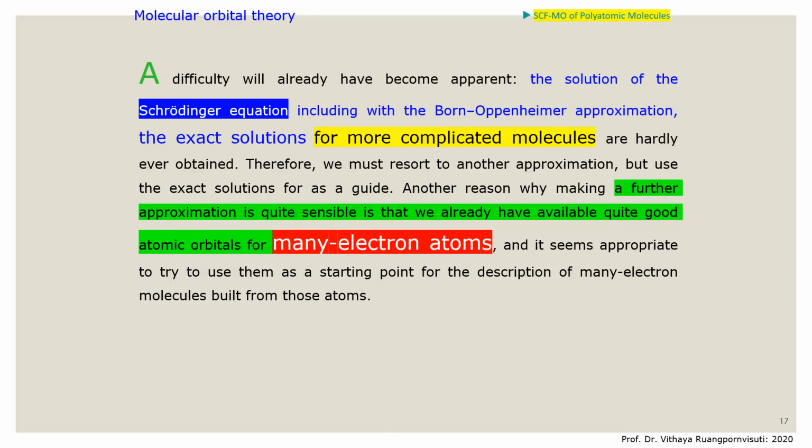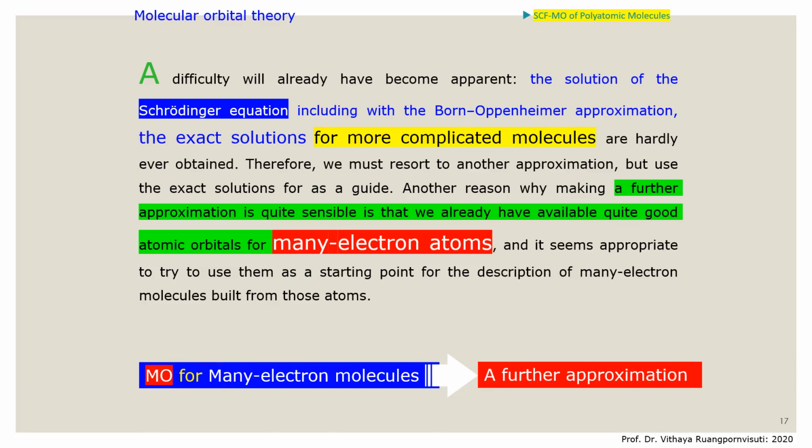Another reason why making a further approximation is quite sensible is that we already have available quite good atomic orbitals for many-electron atoms, and it seems appropriate to try to use them as a starting point for the description of many-electron molecules built from those atoms.